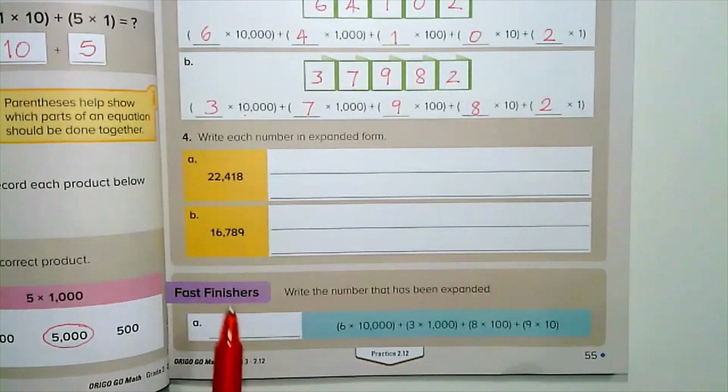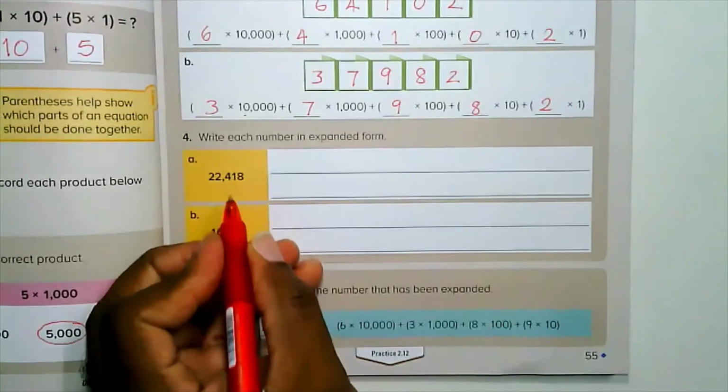Write each number in expanded form. So now let's write this in expanded form.